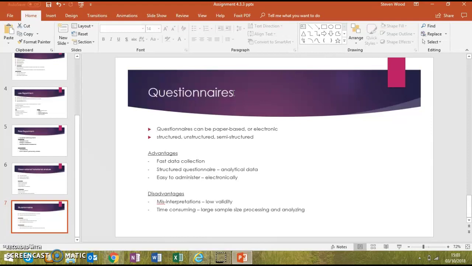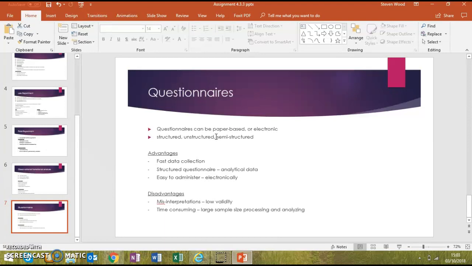Structured is just a set of questions already planned before the questionnaire or interview. Then there can be unstructured questionnaires, where you might ask a question, but then it allows follow-up questions and also probing.